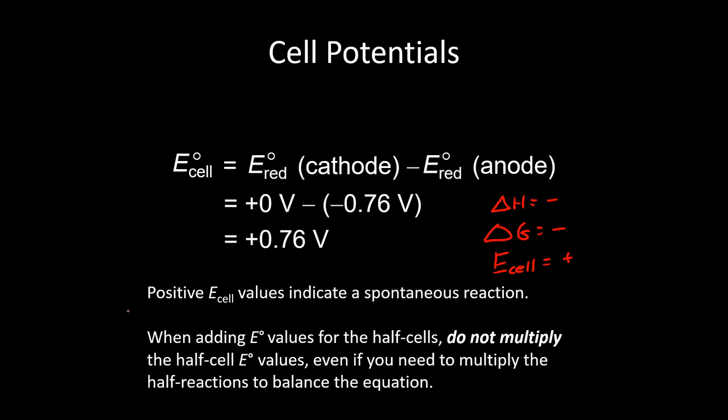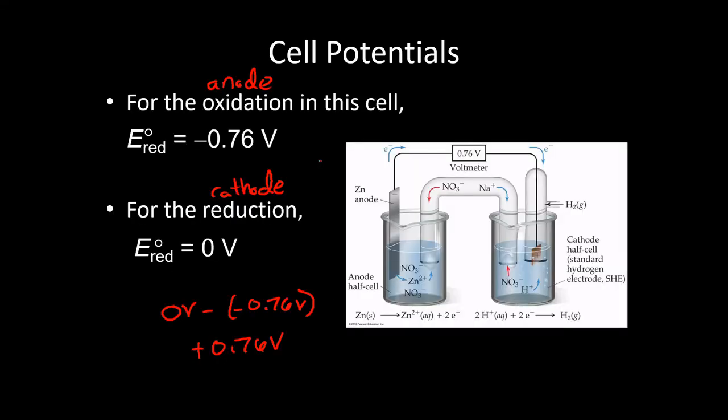One other thing I want to point out before we move on is that if we had a situation where our half reactions had been multiplied in the balanced chemical reaction, and we didn't have that here, these two things balance out just fine. We have 2 electrons being transferred, 2 electrons being transferred.